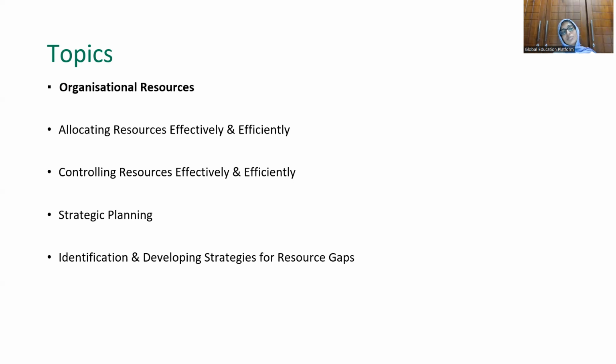I explained to you the organizational resources and the allocating of resources effectively and efficiently. And I told you the controlling resources section has budgeting, which is a vast area, and obviously I cannot cover it within the short period that is remaining.